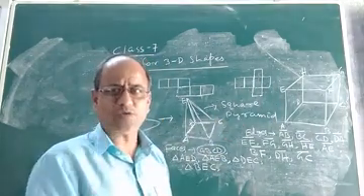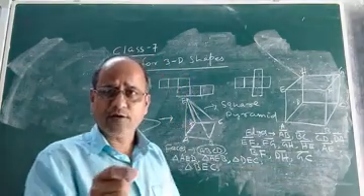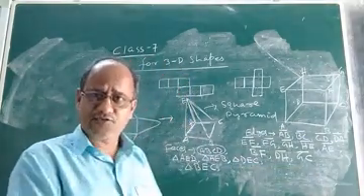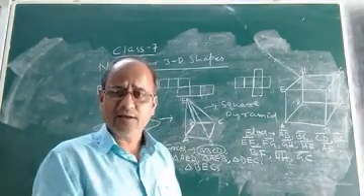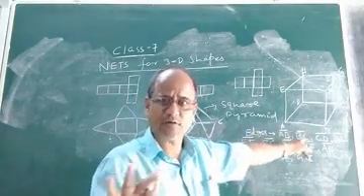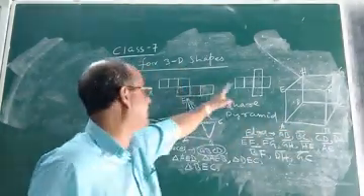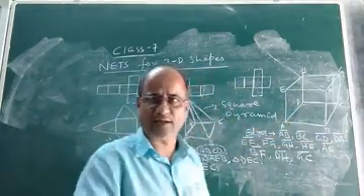So what is the net? I think you understood. Net means if we cut any solid along its edges, whatever is obtained will be a net. And if we fold the nets, we will again get back the same solid. If you fold these 3 nets separately one by one, you will get this cube only and nothing else.